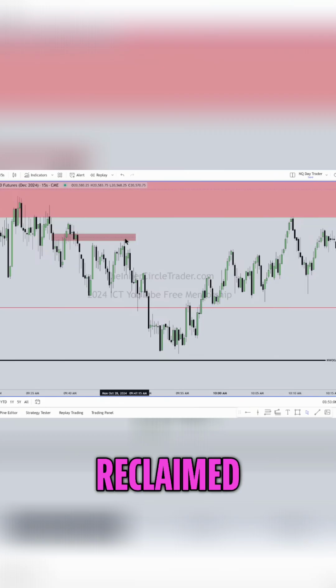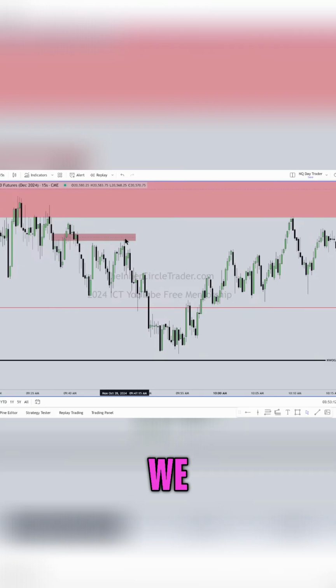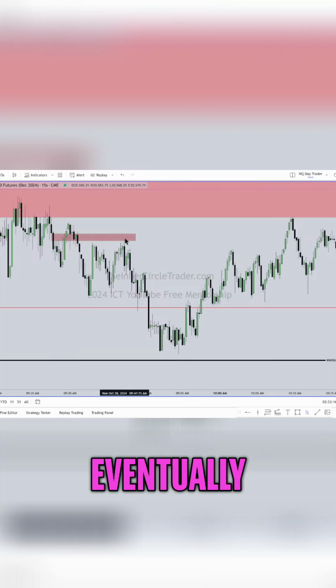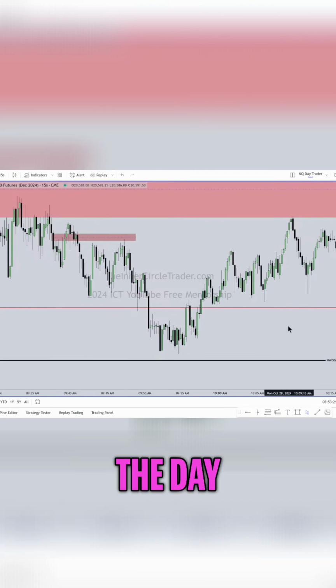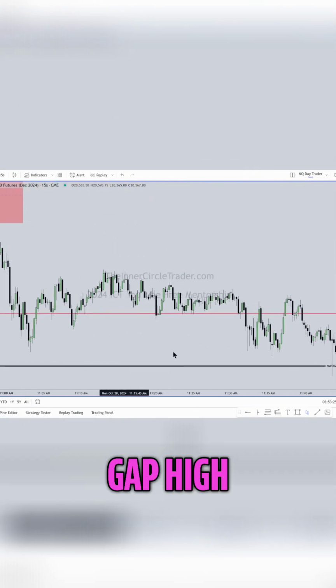Reclaimed order blocks, reclaimed fair value gaps, in other words, two times touching, those generally are going to be part of a market profile like we have here, where it's back and forth, high resistance, but eventually, usually when you're worn down and you're not in the trade anymore, then later in the day, it'll go down and touch the objectives, the new week opening gap high right here.